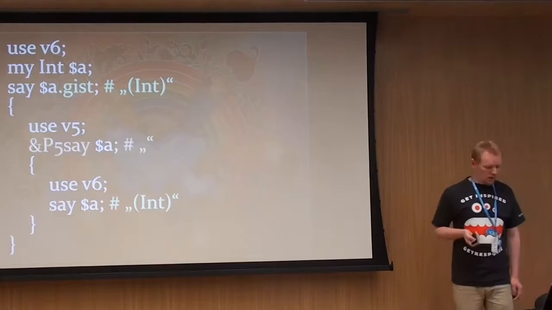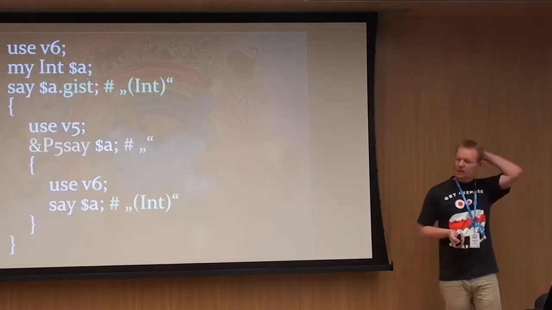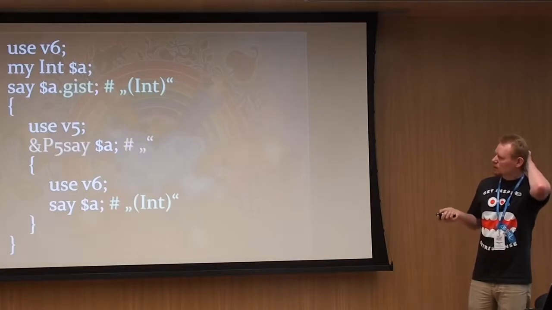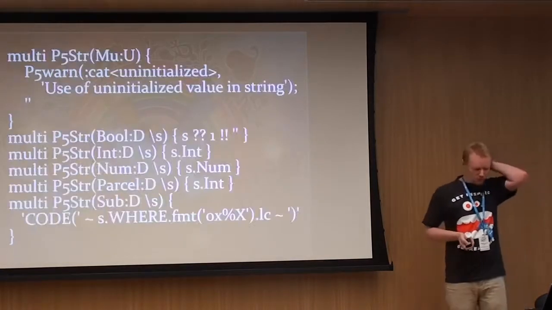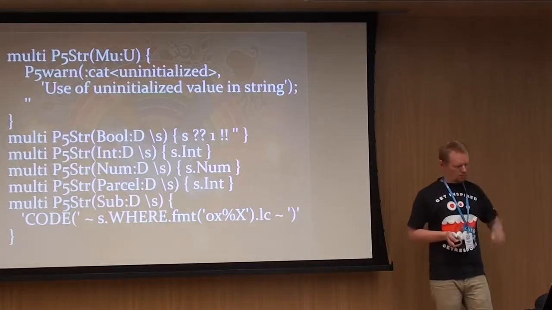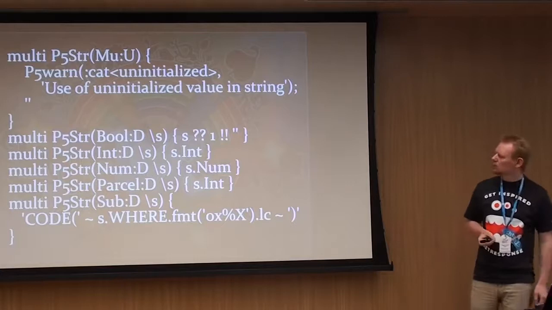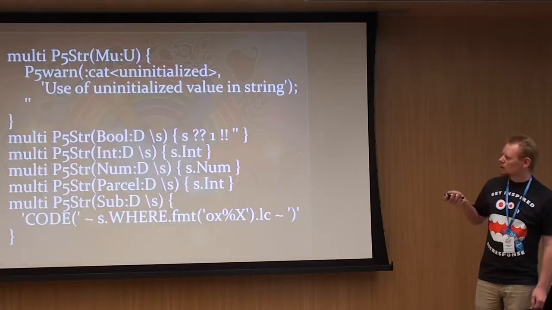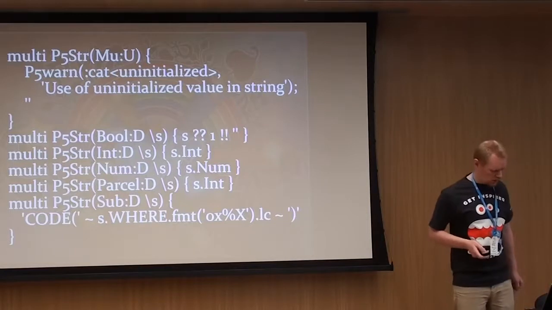Okay. How do we achieve that we have different behavior in these different kinds of blocks, even when we inherit from a Perl 5 block? This P5 string subroutine works simply. It switches using the type and does different kinds of transformations, I would say.